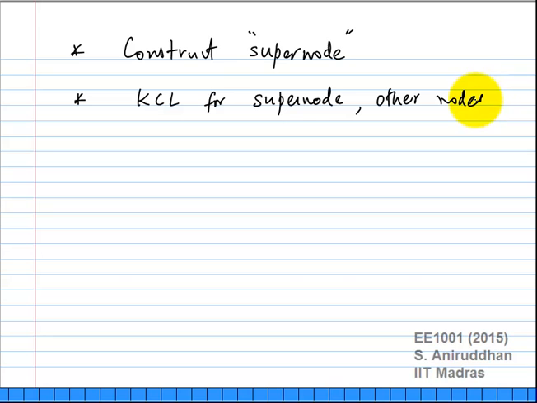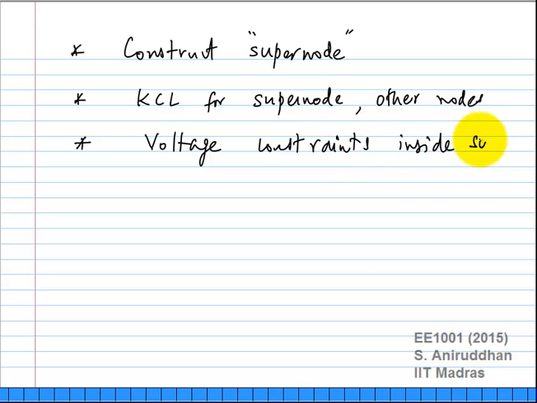So you get a set of equations, and then you write down the voltage constraints inside the supernode. Inside the supernode you would have some voltage constraints having these voltage variables. And then you can go ahead and solve the equations.